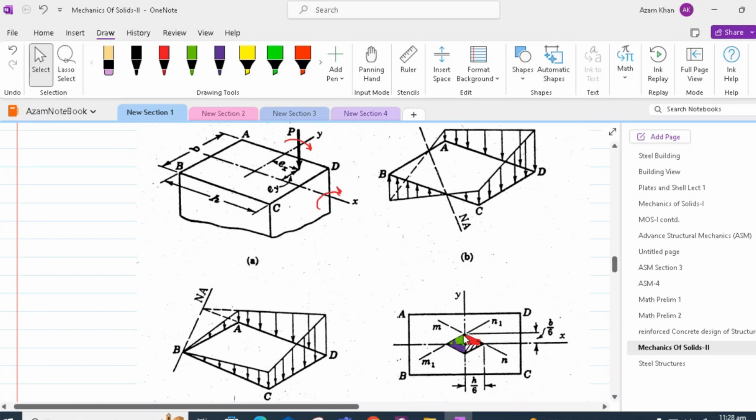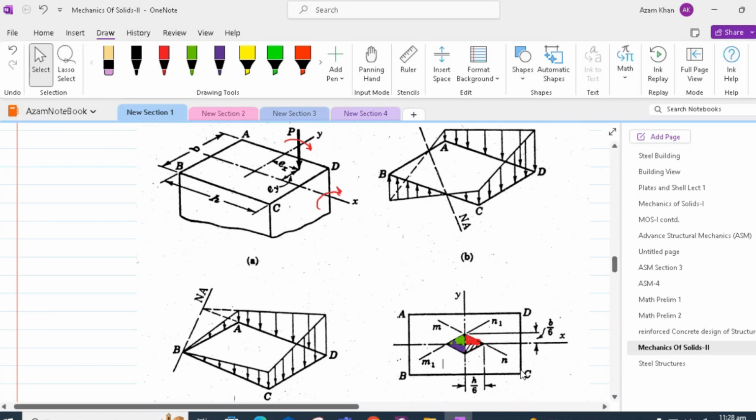Here we will have to ensure that the load remains in this green region in order to produce compression in the whole cross-section. If the load is at the boundary of the green region, in other words, along the line M1 N1, then we would have zero stress developing at point C.